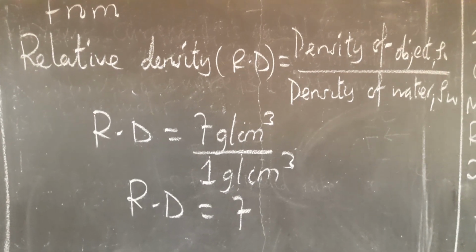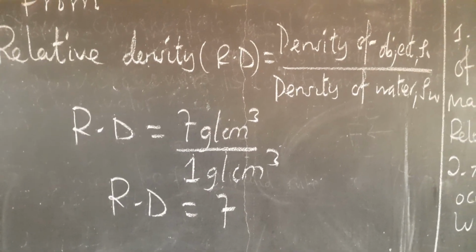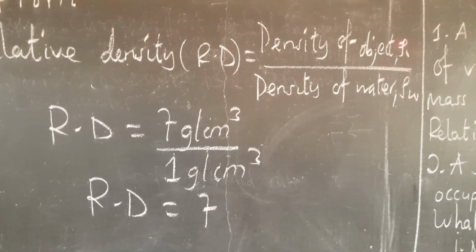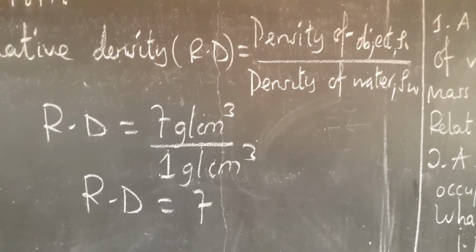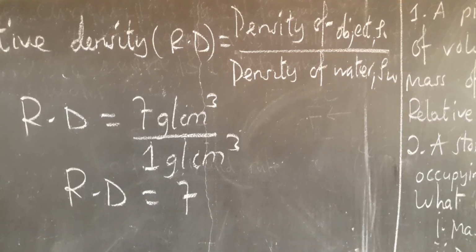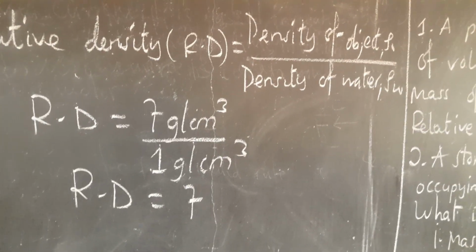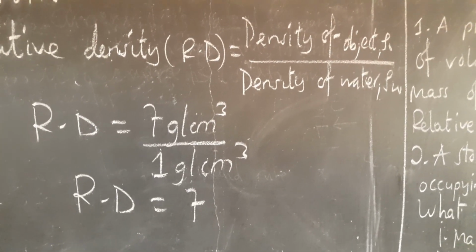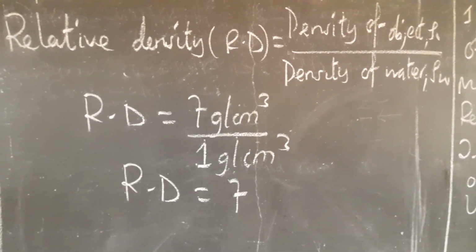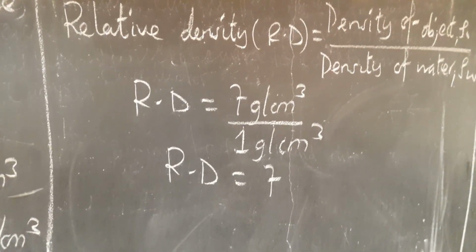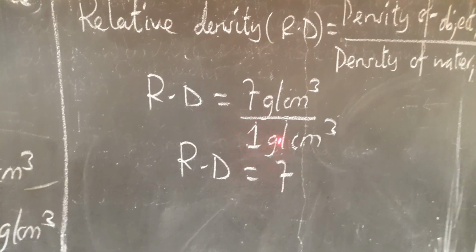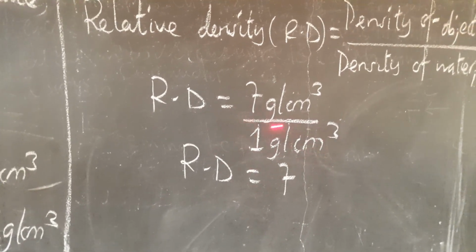The formula for finding the relative density: relative density is equal to the density of the object, rho naught, over the density of water, rho W. So in our relative density, we take the density of the object, which is 7 grams per centimeter cubed, divided by 1 gram per centimeter cubed, which is the density of water.